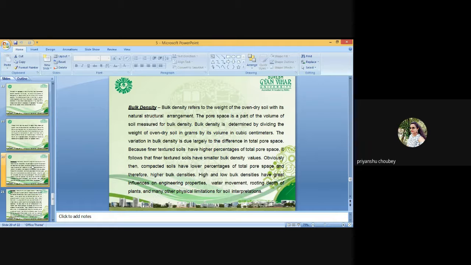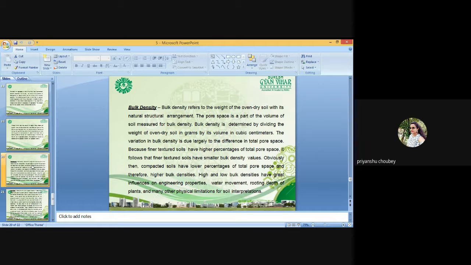Air filled porosity, denoted by Fa, is the volume occupied by air, denoted by Va, per unit volume of soil Vt, and expressed as a percentage. So Fa is equal to Va, the volume occupied by air, upon Vt, the unit volume of soil, into 100.